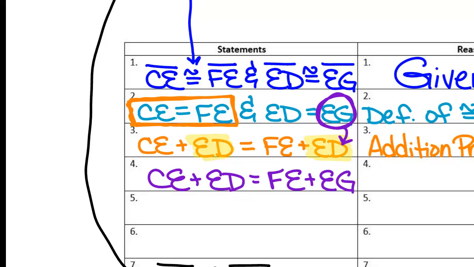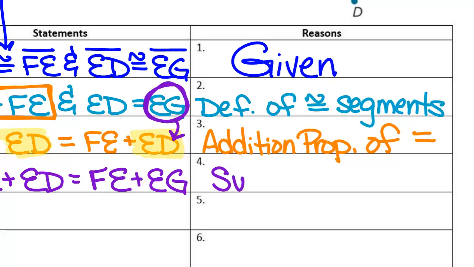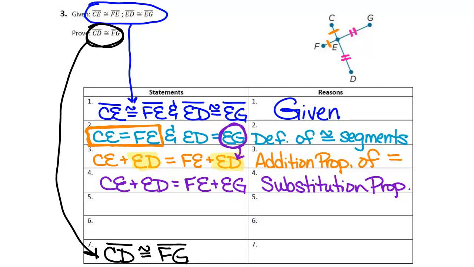I just replaced something. What property am I using if I make a replacement? Substitution property. All right.